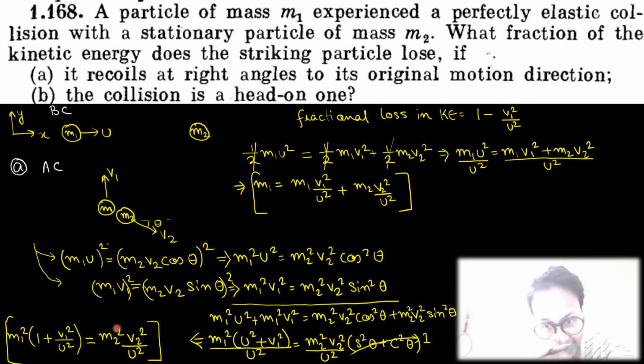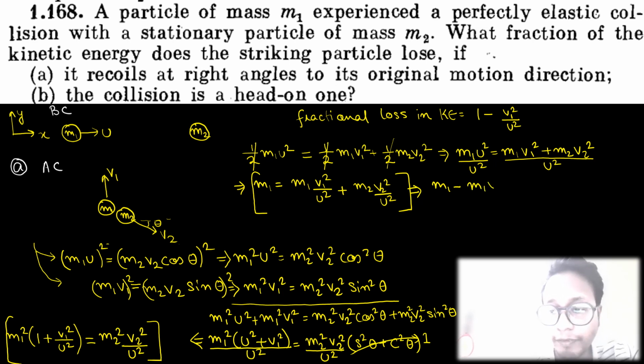And how do I do that? Let me rectify this equation: m1 minus m1 v1 square by u square is equal to m2 into v2 square by u square.